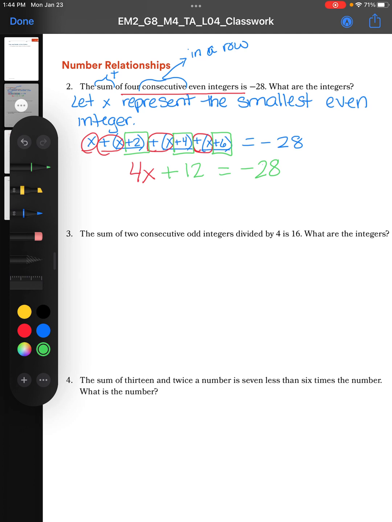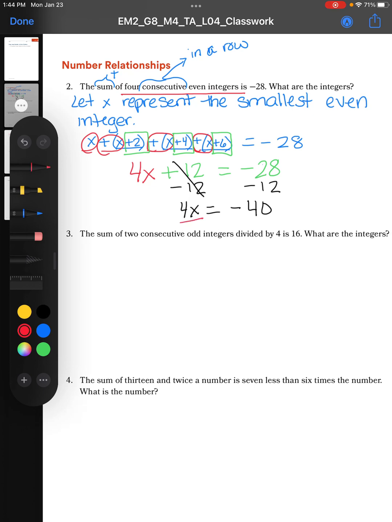I'm going to start by undoing the addition or subtraction first. So I am going to subtract both sides by 12. 12 minus 12 is 0, so I'm left with 4x on the left-hand side of the equation. And negative 28 minus 12 is negative 40.